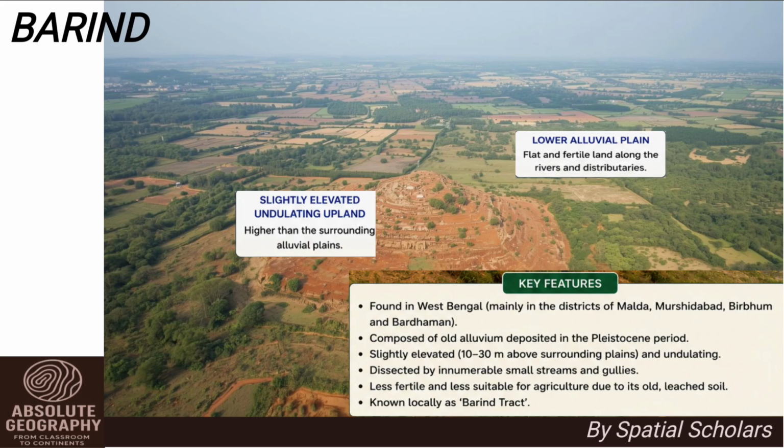This region is slightly elevated above the surrounding plains and is composed of older and relatively harder alluvial deposits. Since the Barind region is raised above the nearby floodplains, it is not flooded easily. However, the lower surrounding areas often experience floods. The soil here is comparatively less fertile and the region contains patches of scrub vegetation and degraded forest in some areas.